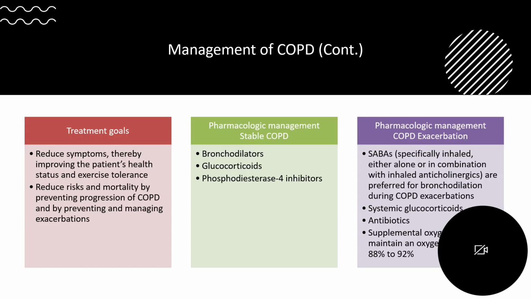Okay. So most of the time, for O2 sats, we're looking for 100 as our goal, right? Like I at least want something above 95. Theirs might be somewhere between 88 to 92, and they're going to be all right, because they're used to living at a lower oxygen state.